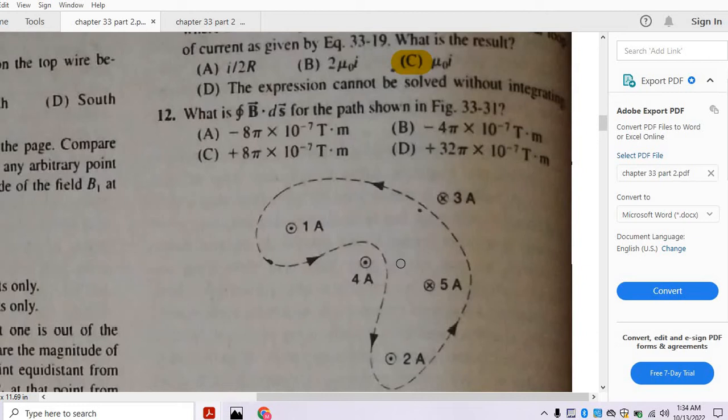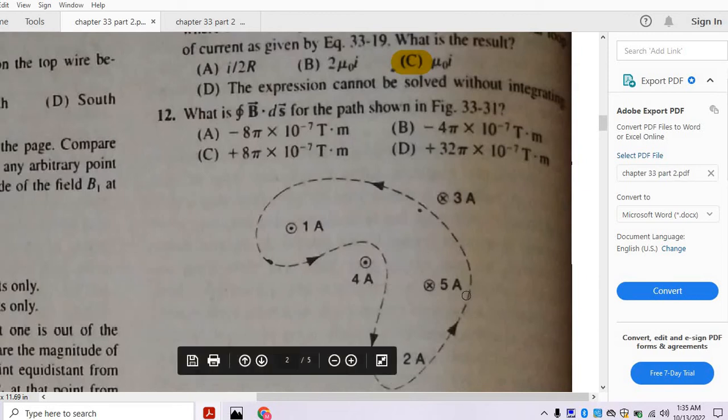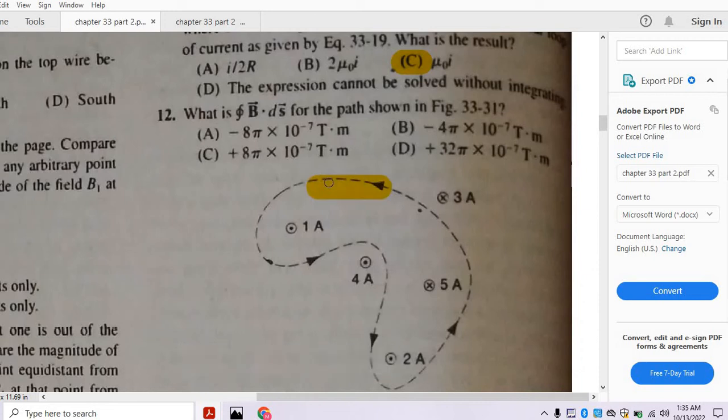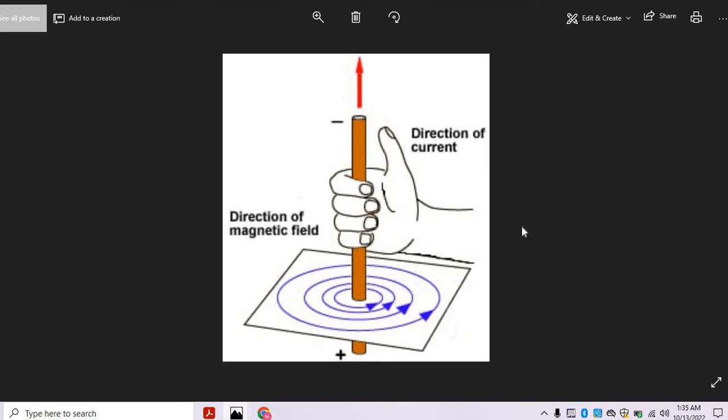To solve the closed integral of B dot ds according to Ampere's law, first of all we have to check the direction of this Amperian loop. You can see here it's actually anti-clockwise. All of the currents that are outward are taken as positive, while all of the currents that are inward to the paper are taken as negative, because in the case of outward current the direction of the magnetic field is anti-clockwise.